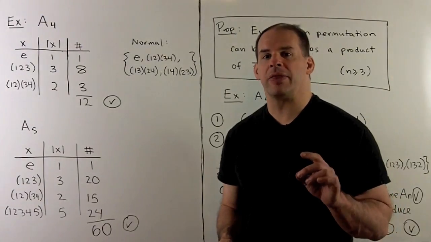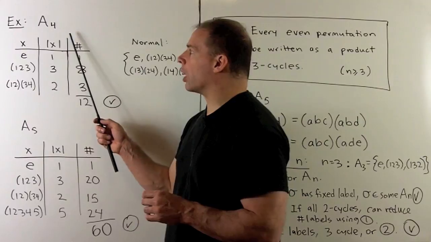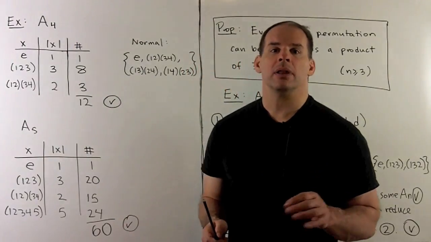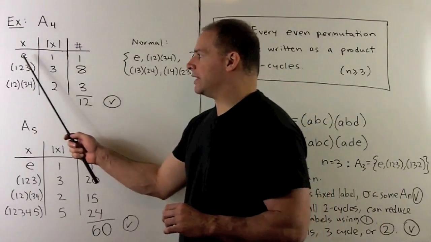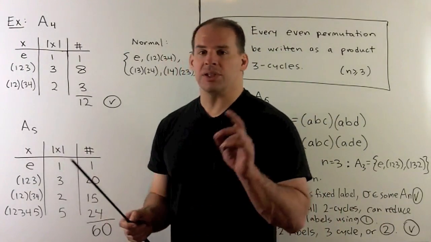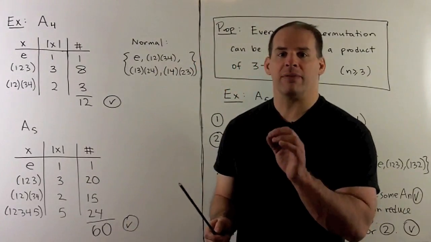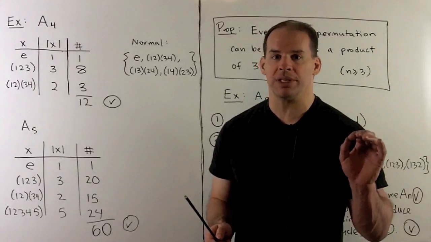Let's apply our counting method to some alternating groups. First, we have A4. This should be familiar. This is the rigid motions of a regular tetrahedron. We have the identity. There's one of those. We have 3-cycles. This is something to be aware of: an odd number of labels in a cycle gives us an even permutation.